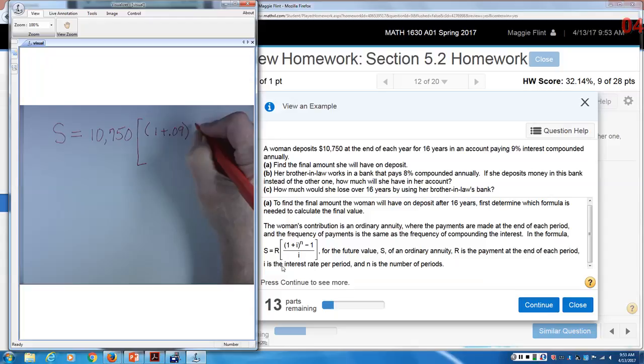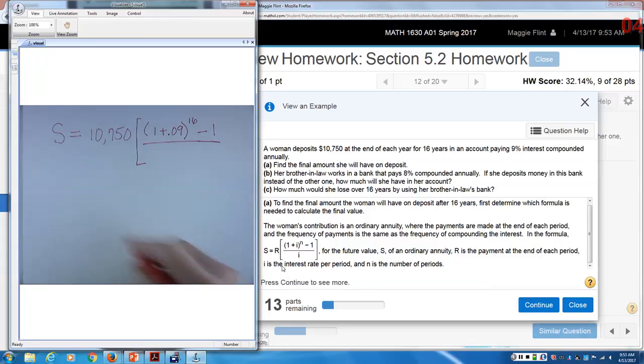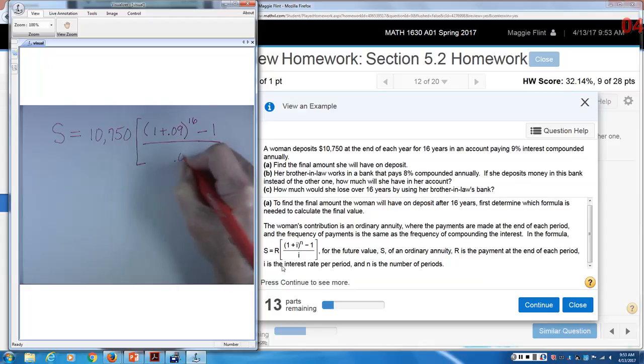Well, they compounded it for 16 years, once a year. And then once you get that amount, we're going to subtract 1 from it. And then we're going to divide the whole thing by that interest rate, which is 0.09.